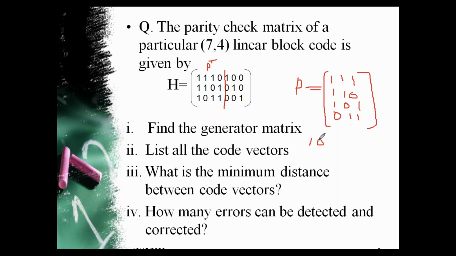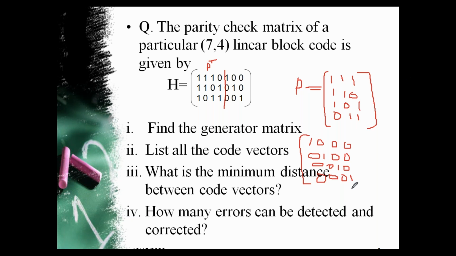Therefore, 1 0 0 0, 0 1 0 0, like that, 0 0 1 0, 0 0 0 1, that is an identity matrix of order 4.